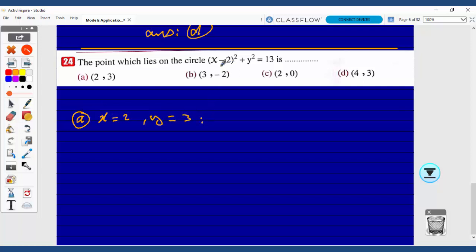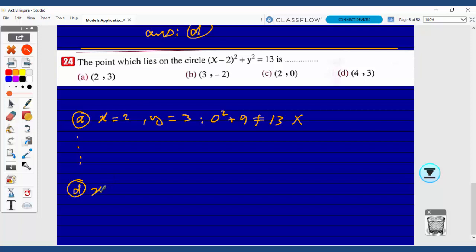So substituting x equals 2, we have 2 minus 2 equals 0. It is 0 square plus 3 square equals 9. 9 does not equal 13. So the point 2 and 3 does not lie on the circle. Okay, and you will do it with B and C also.